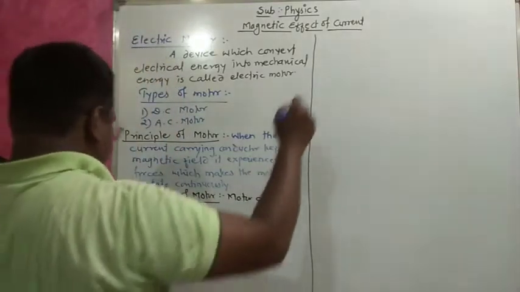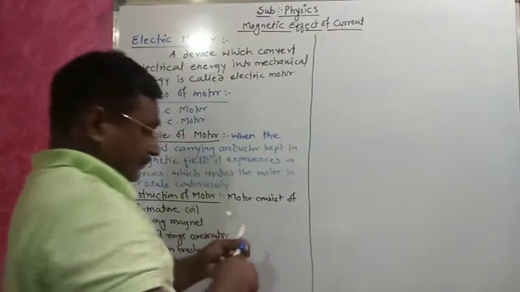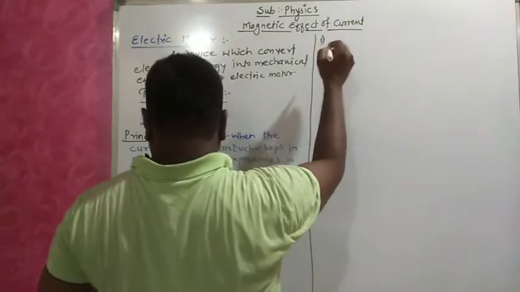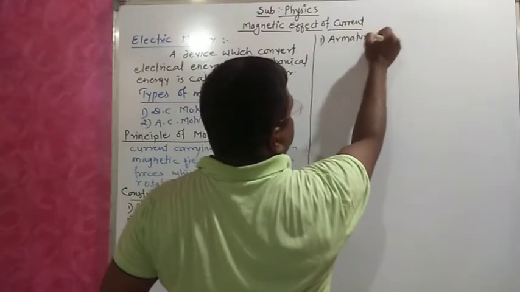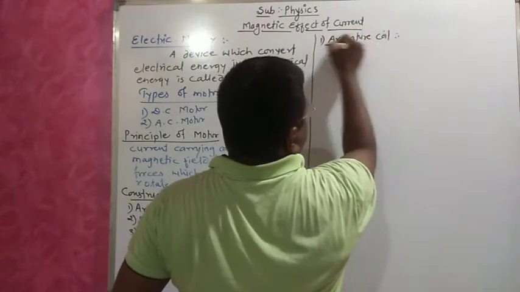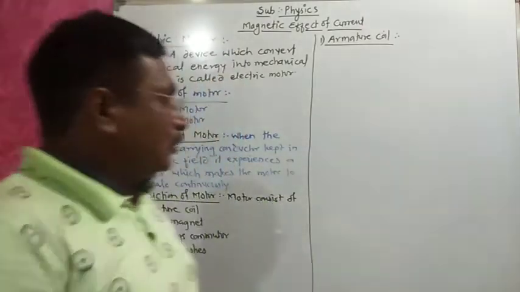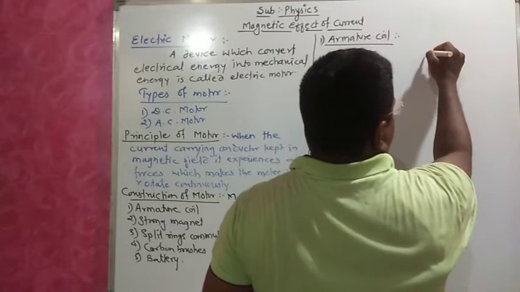Number 1, armature coil. What is the meaning of armature coil and how is it? For that purpose, here I am drawing the figure.